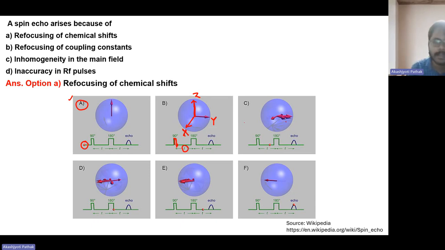Why are they dephasing? Because each of the nuclear spins is trying to get back to the plus z axis. If this was the orientation of the magnetization at the end of the 90-degree pulse, then slowly it is moving to the plus z axis.